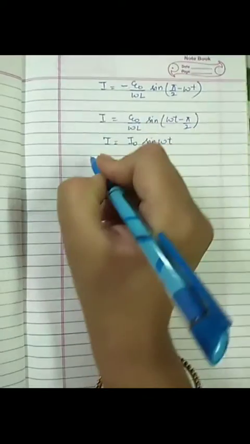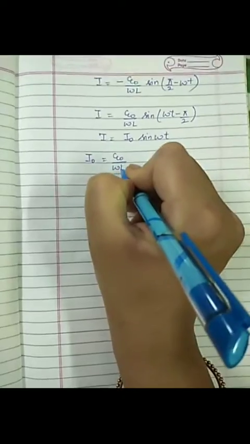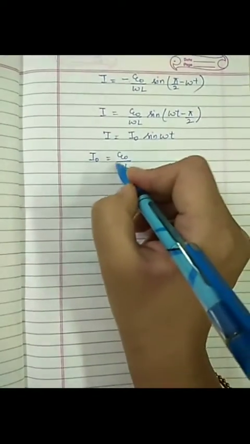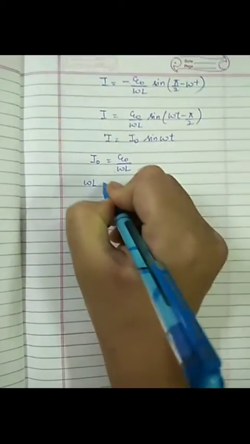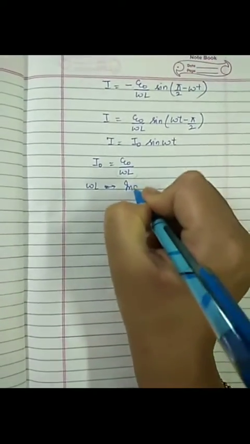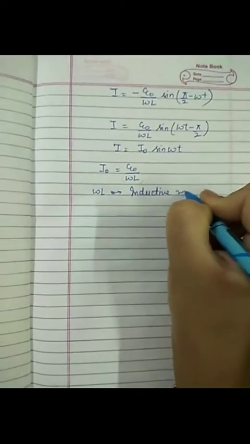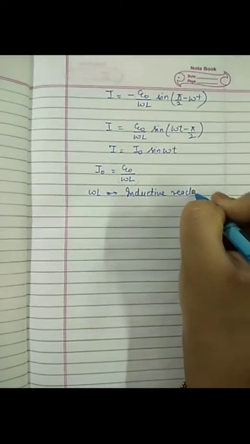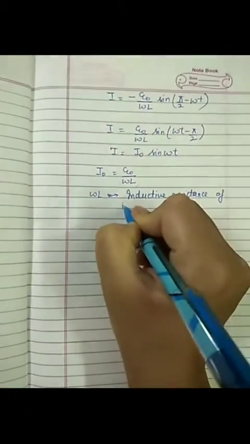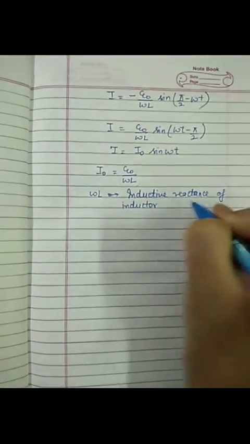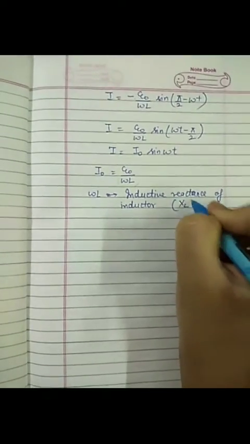Now, if we compare this equation with I equals I naught sin omega t, we can see that the peak value of current is I naught equals epsilon naught upon omega L. Here omega L is called the inductive reactance of the inductor and is denoted by XL.